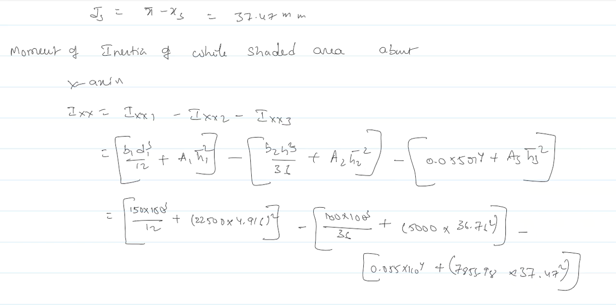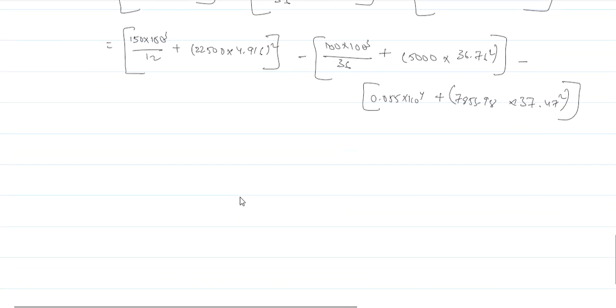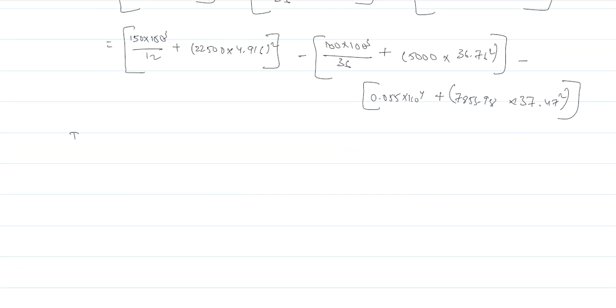So if you substitute all the values, you will get Ixx is equal to 1,666,999.8 mm power 4.